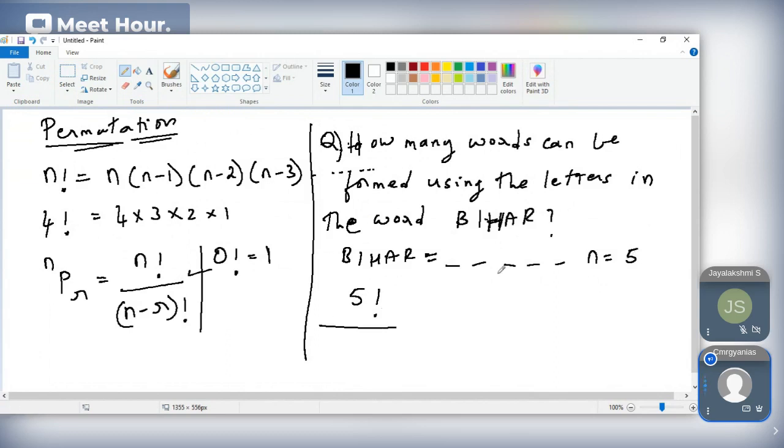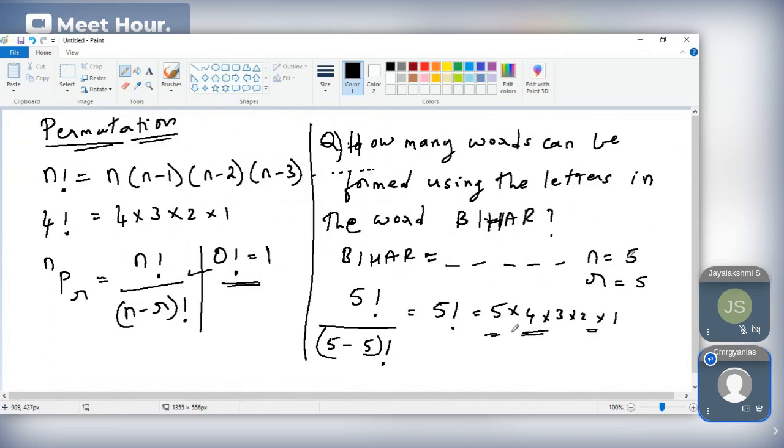Here r is also 5, because there are 5 letters and 5 different spaces. So it becomes (5 minus 5) factorial, which is 0 factorial, which is 1. So the answer is 5 factorial, which means 5 into 4 into 3 into 2 into 1.